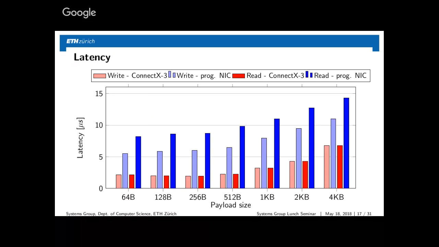So we see that the Mellanox card has a latency as low as around 2 microseconds, and then with increasing payload like 1 or 2 kilobytes, essentially this all fits in one packet, and at some point you need more than one packet on the wire, then it will increase. And we are for writes around 5.5 microseconds, and for reads around 8.